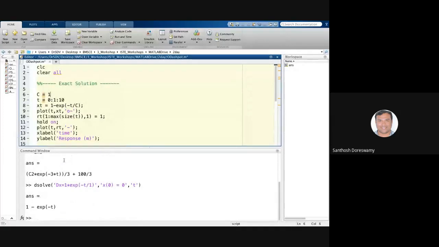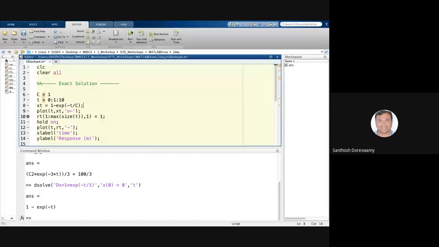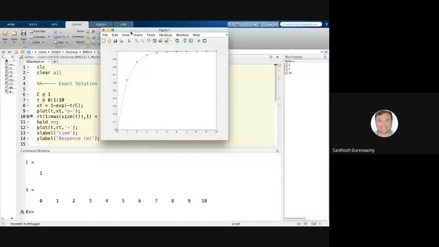Okay, so when we do that and create a vector of t starting from 0 to 10 seconds and plot that value of x of t, which is an exact solution, I will get the following plot. So if I run this code, I will get the following plot.